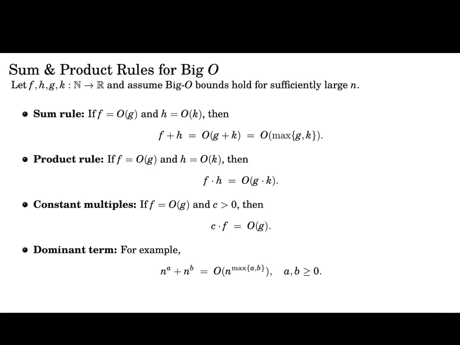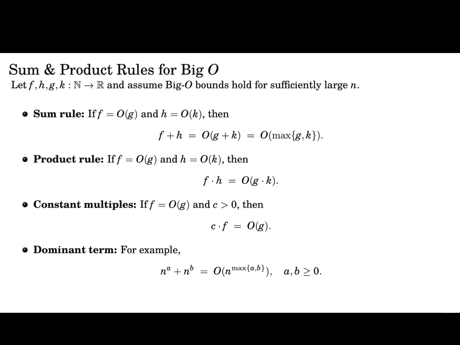And this pops up sometimes when you're analyzing algorithms. Sometimes your algorithms are of the form n to the power of some constant and n to the power of some other constant. Then if you have n to the a plus n to the b, this is going to be big O of the maximum of these two.